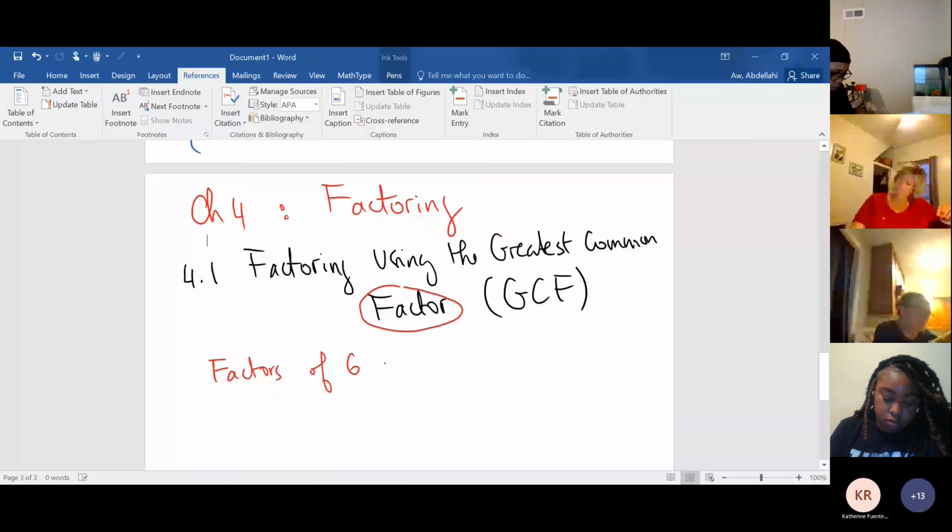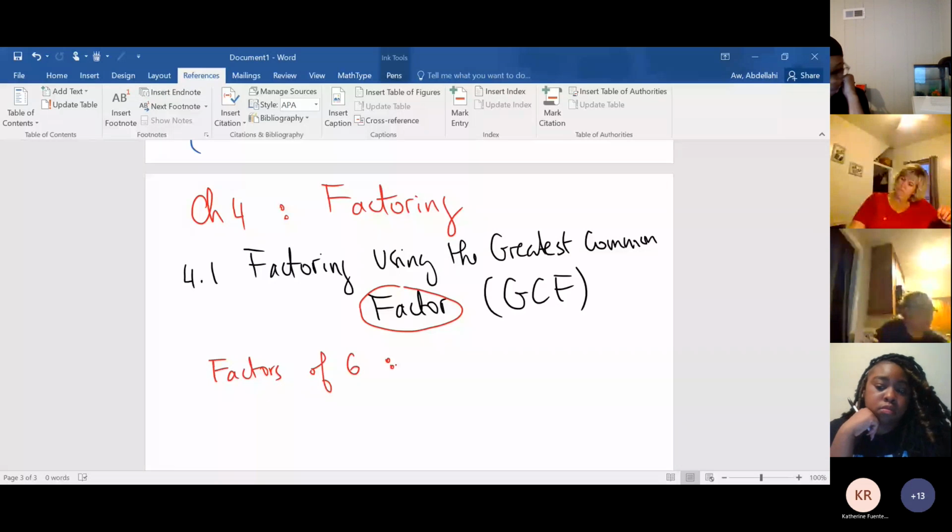What we mean is, what are the numbers that you can divide 6 by evenly, with no remainder? So tell me, what are the factors of 6?